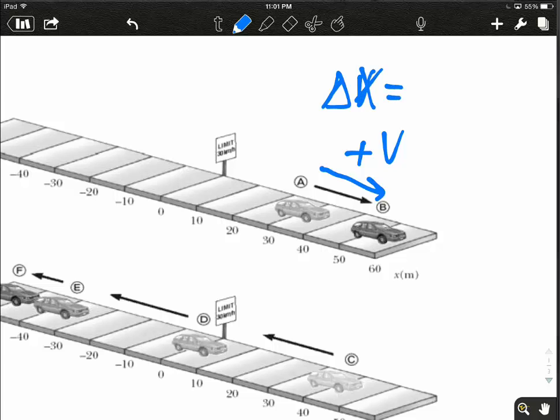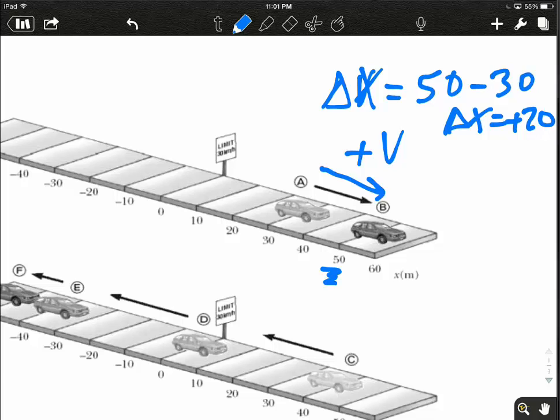It's always final minus initial, so we would say it ended at 50 and it started at 30, so its change in position would be positive 20. And what that's telling us with the positive 20 and the positive velocity is it was moving this way according to the scale that's set up, or to the right.